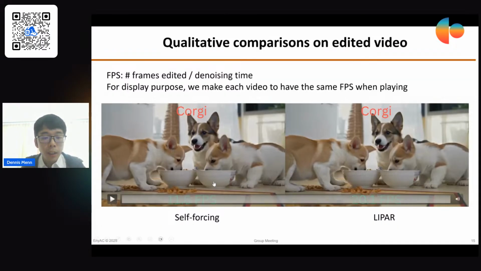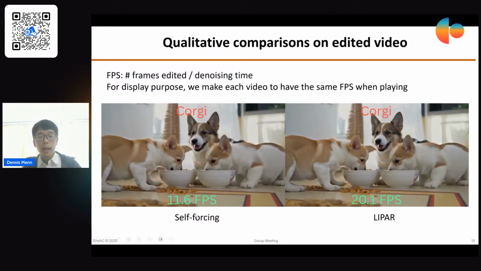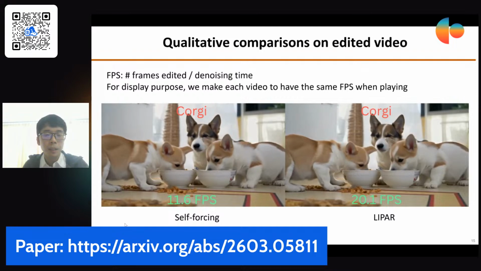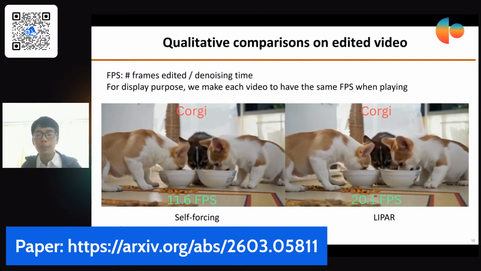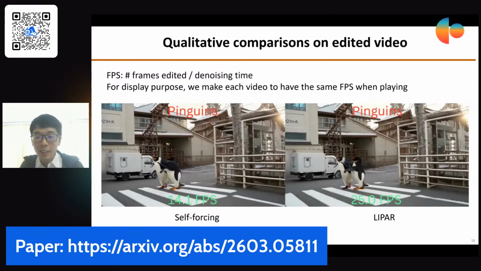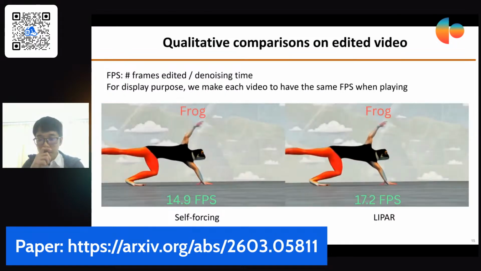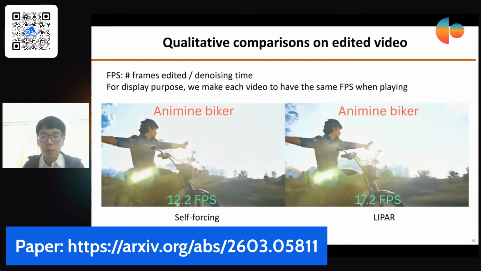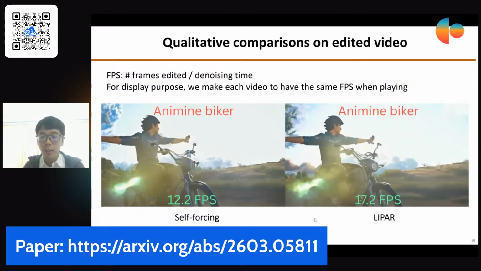The frame rate here indicates, in the actual generation, the frames you generated divided by the denoising time. So when watching it, you will not see it become faster, but when you really generate it, you will see it become faster. The red words are the prompt, but I did not show you the input video. This is actually me. So you will not see a performance degradation, but you do see a very obvious speed up.